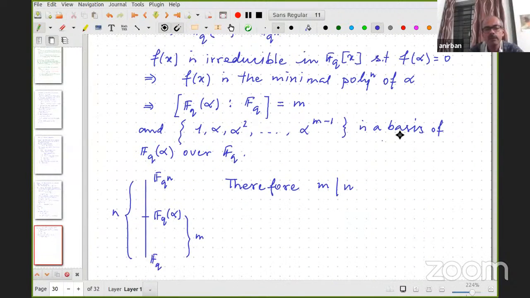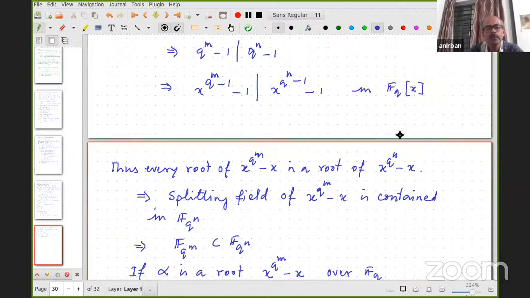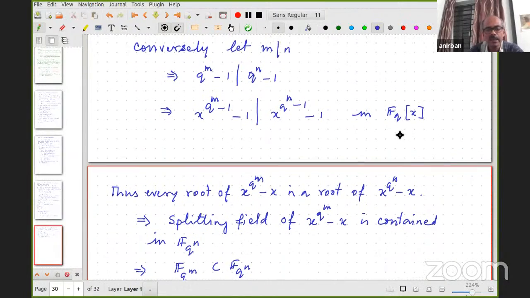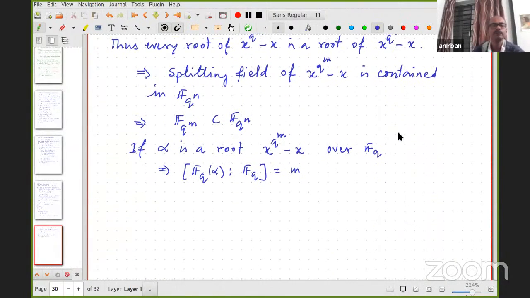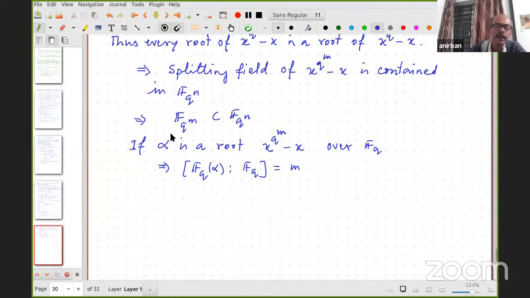So we started with m divides n, and m divides n implies that the finite field with q to the m elements, F_q^m, is inside F_q^n. So that much we have seen. The splitting field of this polynomial is inside this, these are the splitting fields that we know from the previous lemma. No, this is incorrect.